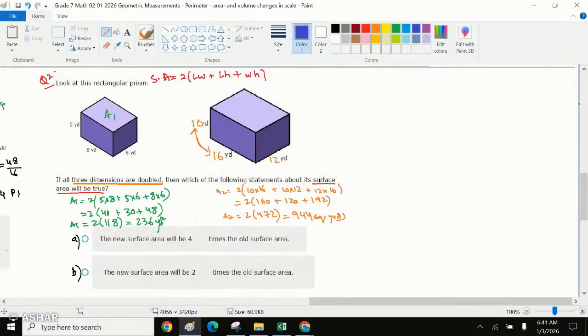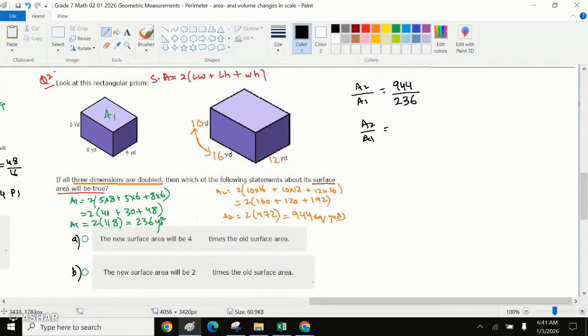Yes, good answer. We need to compare, right? So we can say surface area, area 2 upon area 1, right? That should be, it came out to be 944 divided by 236. Is it twice or is it 4 times?